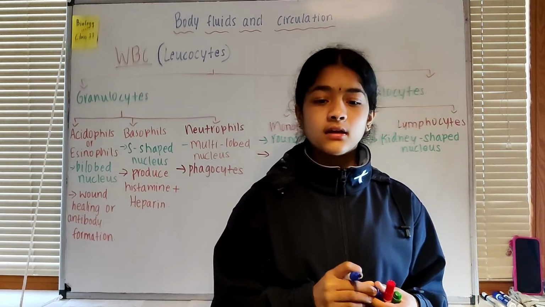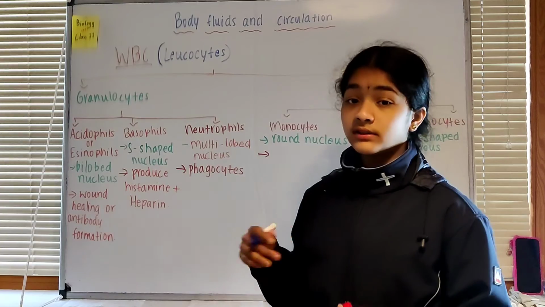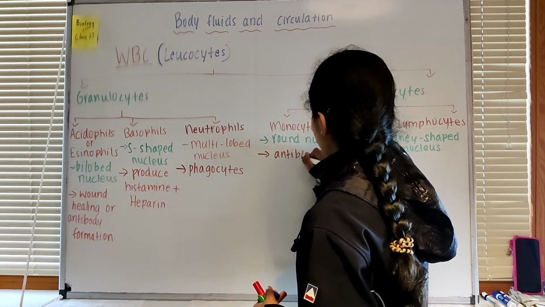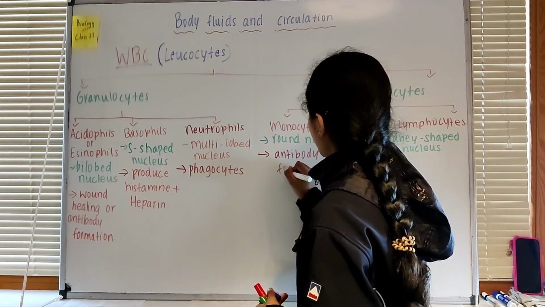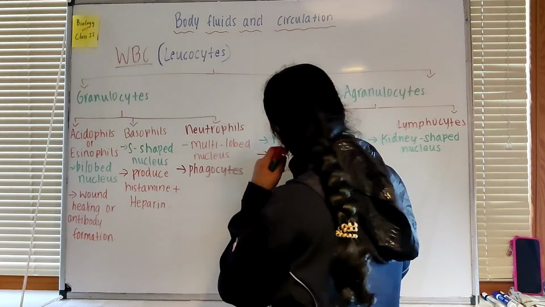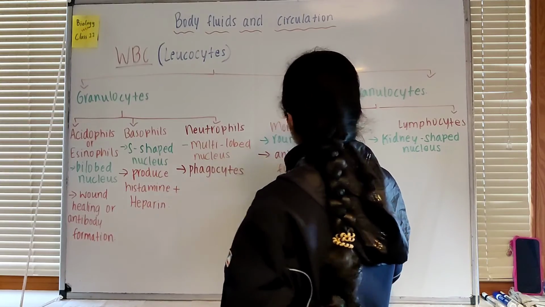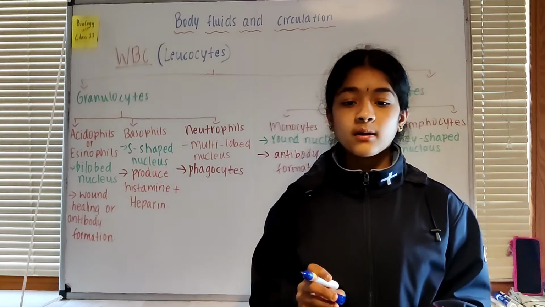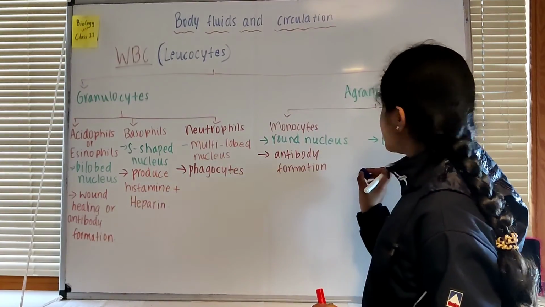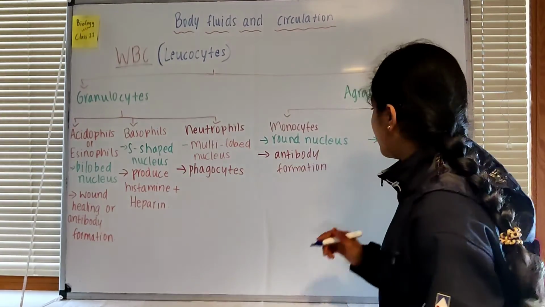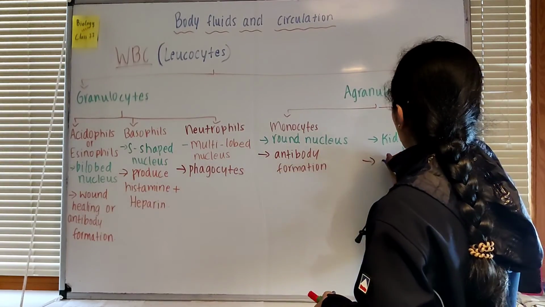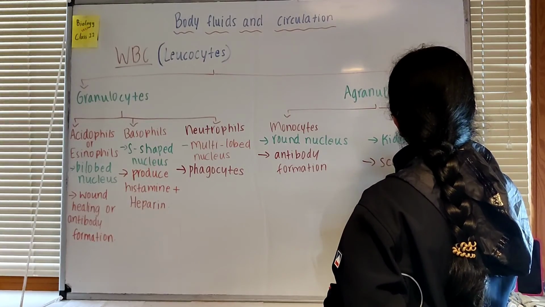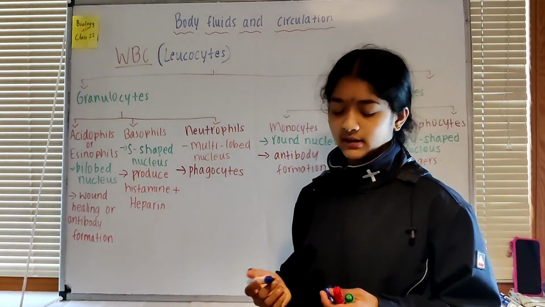Monocytes, the function is antibody formation. So they help in the formation of antibodies. Coming to the lymphocytes, they have a kidney-shaped nucleus, and they also act as phagocytes or scavengers. Scavengers also means engulfing foreign particles.